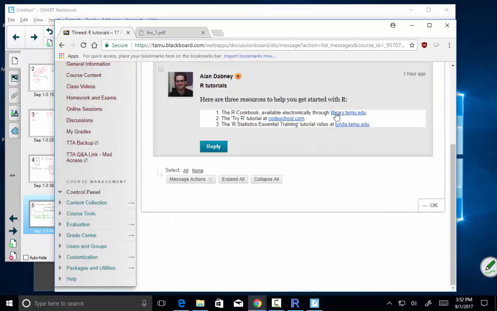I mentioned some of this, I think, on Wednesday, but the R cookbook is good for getting up to speed on basics of R. At codeschool.com, you can create a free user account, and there's a tutorial called Try R that's good. And then at lynda.tamu.edu, you can log in with your UIN credentials, doesn't cost you anything, and there's a good training tutorial video on R called R Statistics Essential Training.